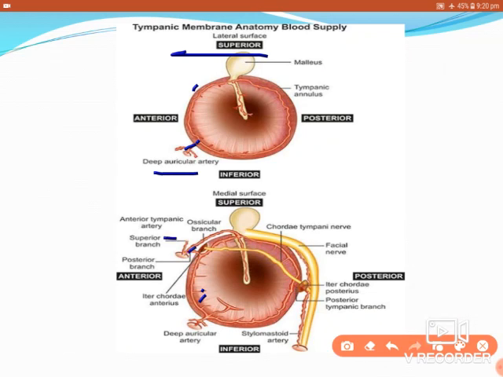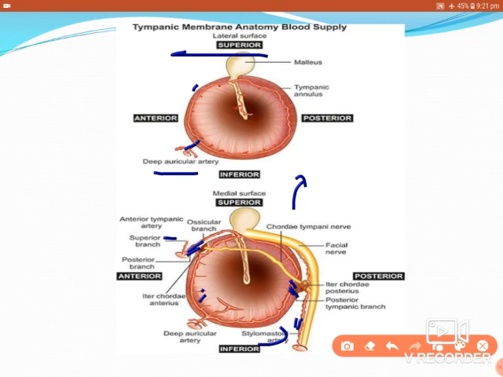The anterior tympanic artery is a branch of the maxillary artery. The posterior tympanic artery is a branch of the stylomastoid artery, which is a branch of the posterior auricular artery. So that's the blood supply.